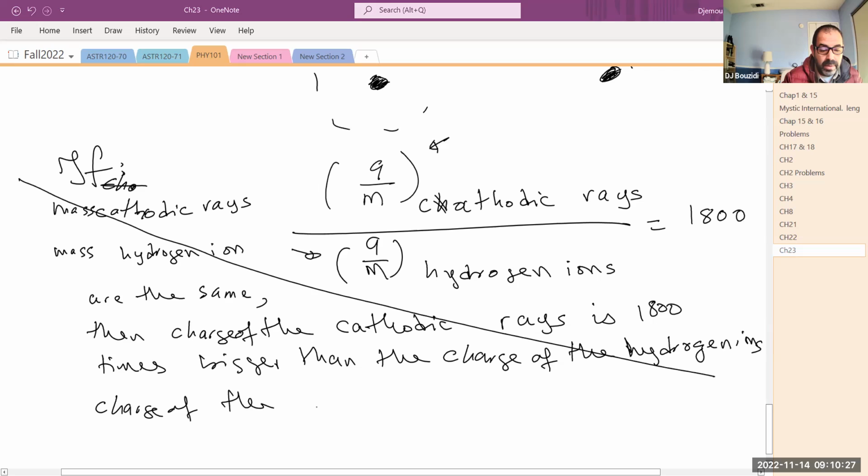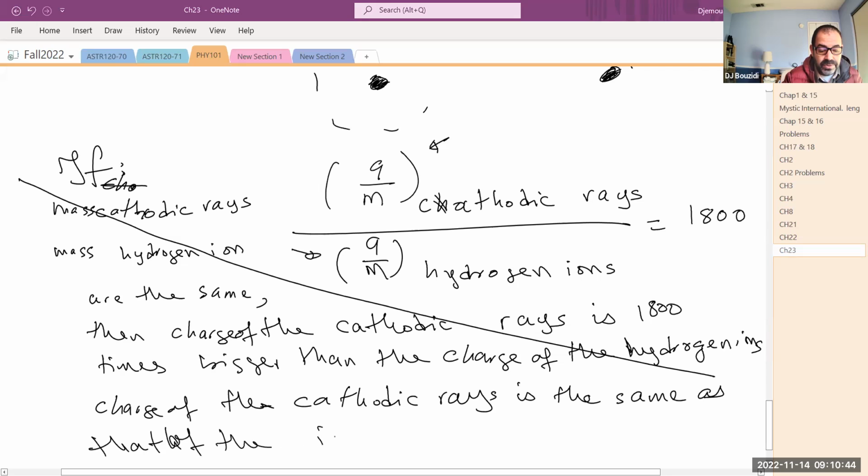the charge of the cathodic rays is the same as that of the ions.